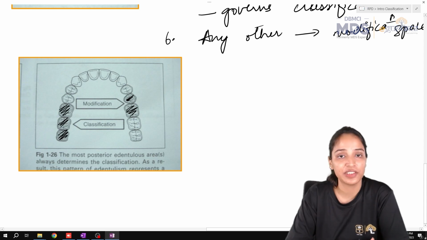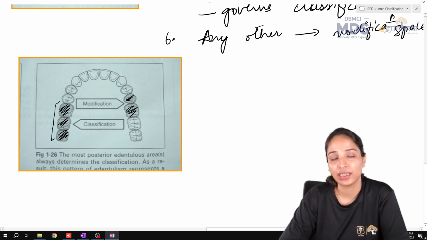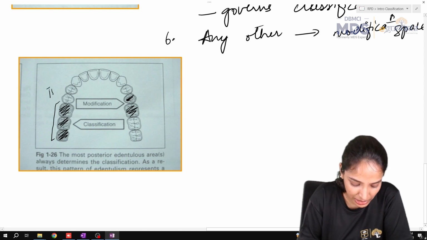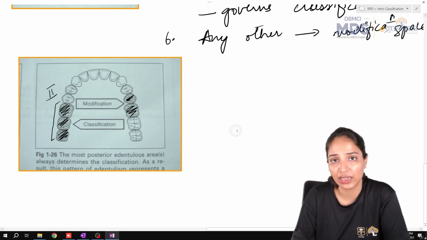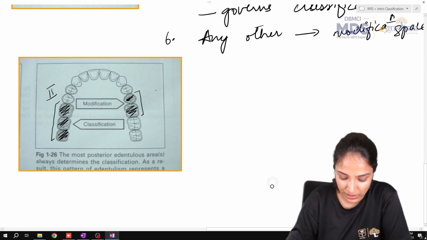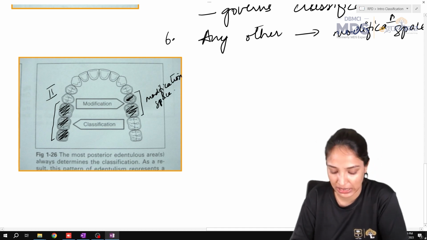Out of this, if we systematically go, this is the edentulous span that is located more posteriorly, so that is going to govern the classification. So this becomes a Kennedy class 2. And then the other space which is missing is termed a modification space. That is according to rule number 6.